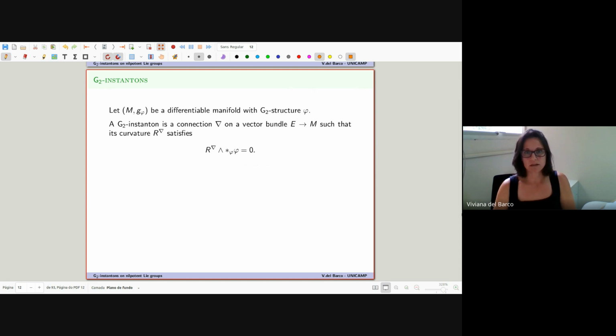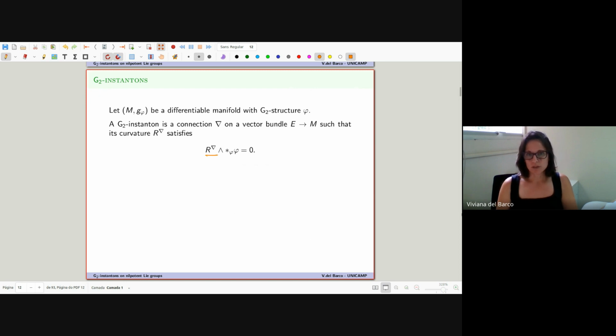So let me say that here, what we are considering is that nabla, at least the connection on the bundle, you can see it as a matrix of 1-forms, and the curvature can be seen as a matrix of 2-forms. I will show some examples later. I was not used to work in this way with these characterizations of connections and curvatures, but I've learned to do these computations, and it's much easier.